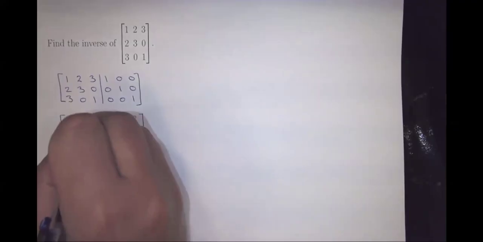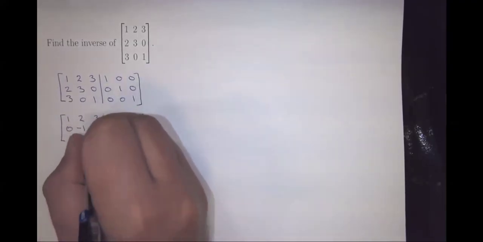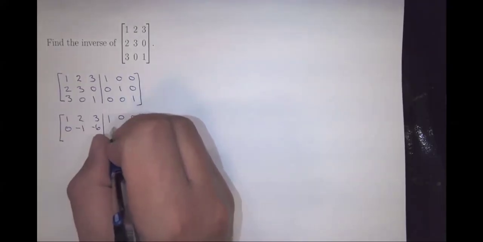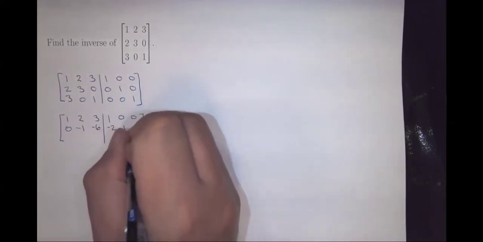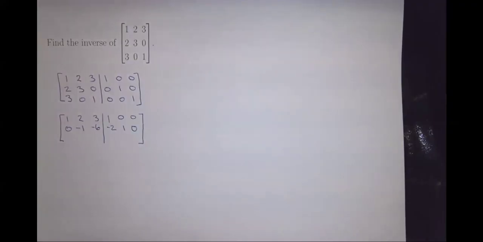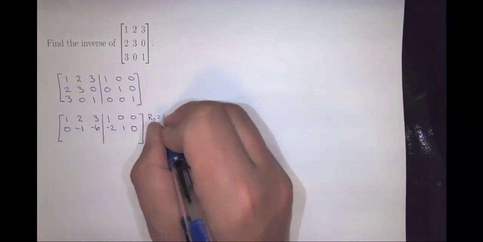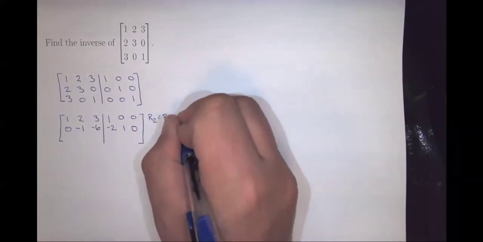So that should give me 0, -1, -6, -2, 1, 0. So that's row 2. I'll write it over here. Row 2 was row 2 minus 2 row 1.